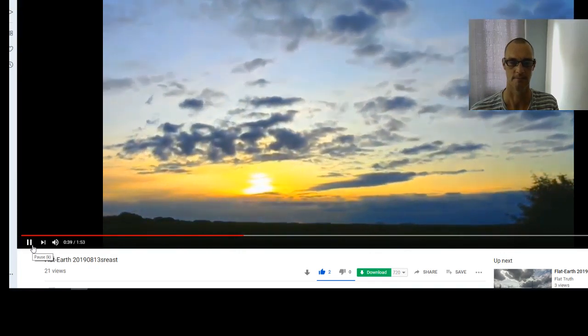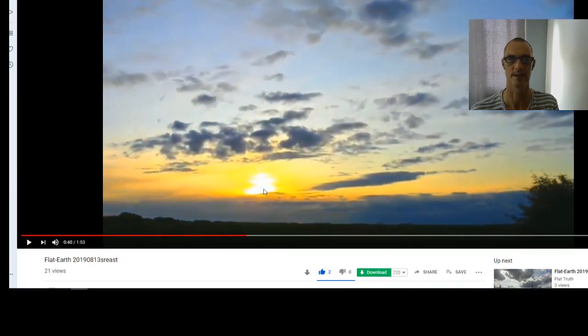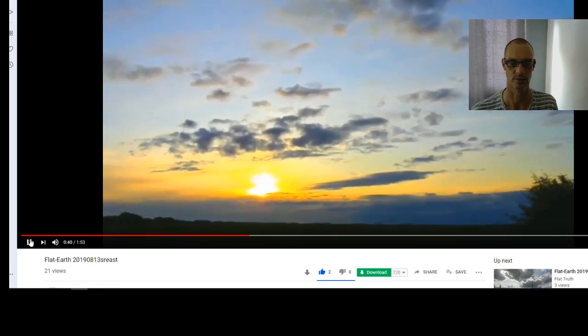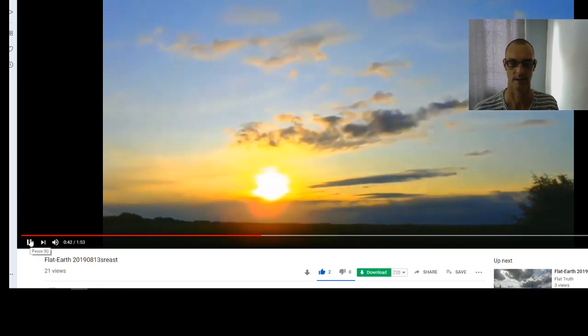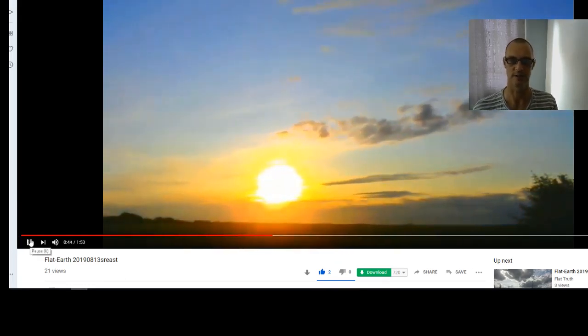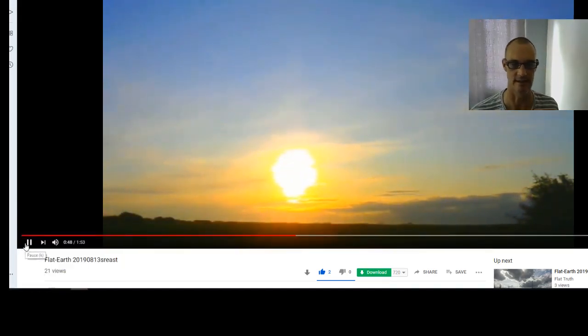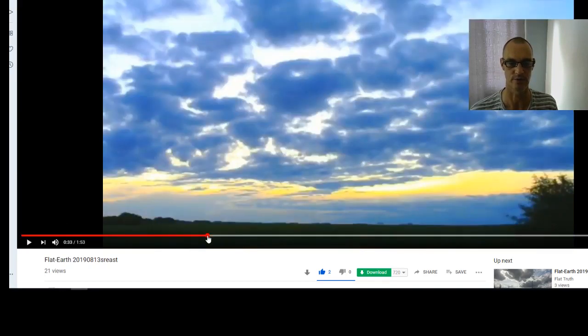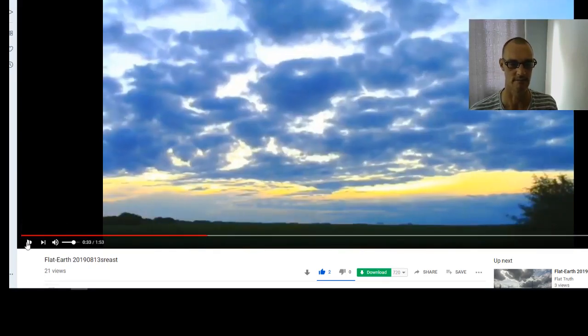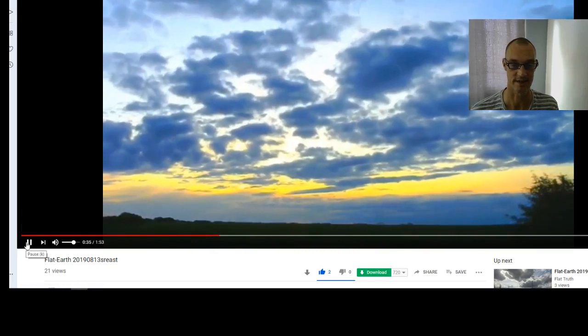All right. So here we have the sun emerging from above this cloud line here. So we'll just watch as it comes up, and filters and things like that are irrelevant here. What we can see here is that before the sun came into view, it was basically blocked by these clouds, and it's very simple to explain what's happening here.